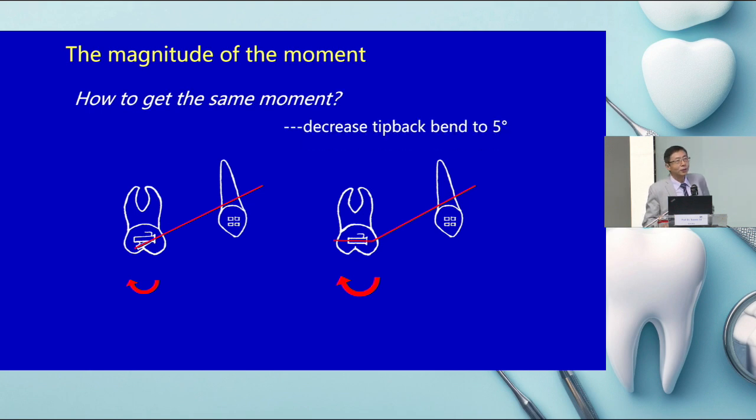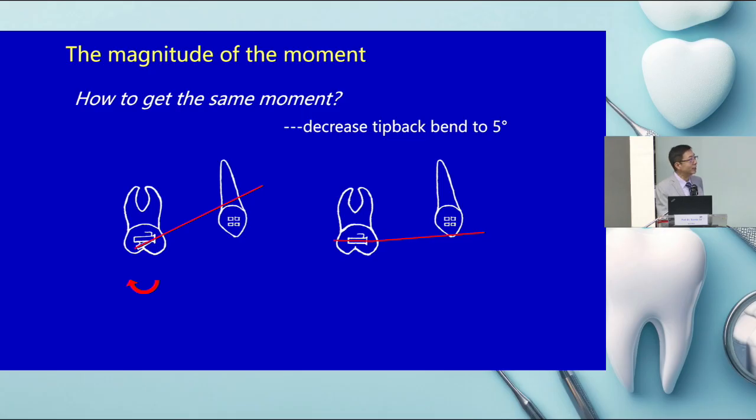Decrease the bend from 25 degrees to 5 degrees, like this. But if we decrease 25 degrees to 5 degrees, you will see the archwire now below the canine bracket.